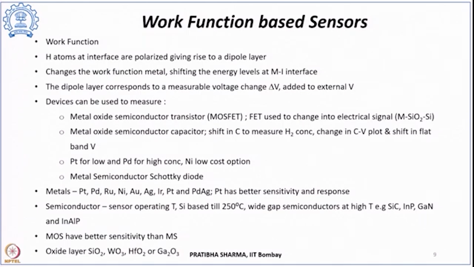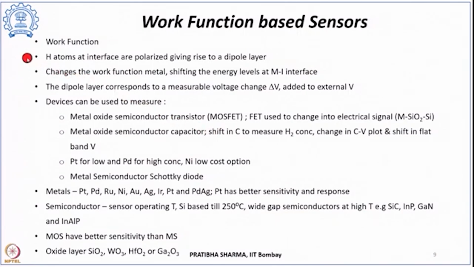Another category of sensor is the work function based sensor. We know that the work function is the minimum energy required to remove an electron from a metal surface to infinity. In these sensors there are three layers, in fact: a metal, an oxide and a semiconductor, or it can be just a metal and semiconductor layer. Usually the metal layer is deposited onto the oxide layer or the semiconductor layer.